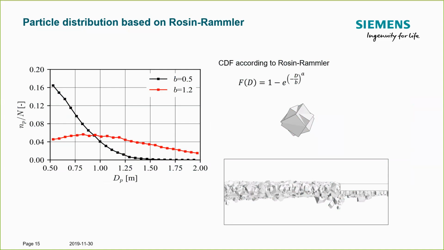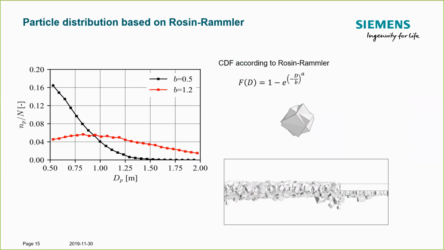You can see here on the left-hand side what happens if you modify the coefficient B, let's say between 0.5 and 1.2. So with one condition, and that's just a representative sample, you will resemble a distribution where you have a lot of particles with the minimum size of the range you specify between 0.5 and 2 meters.